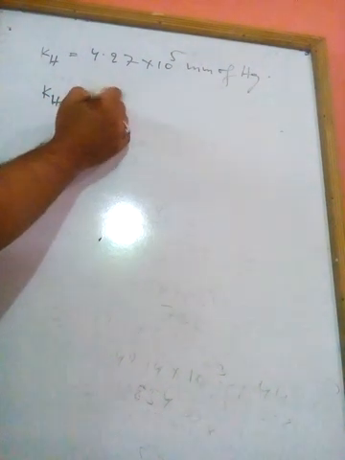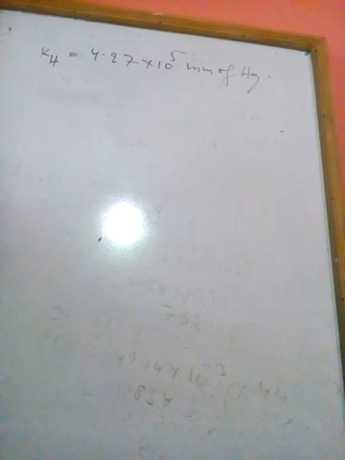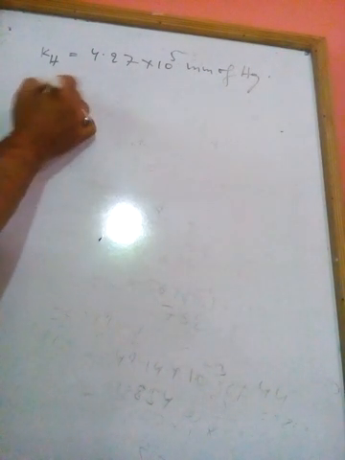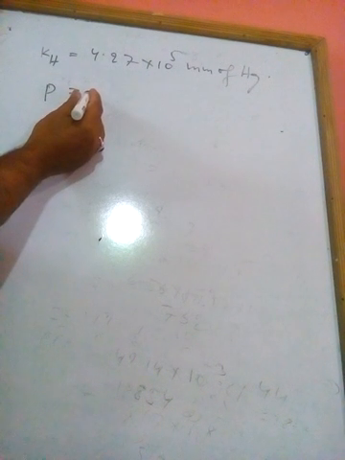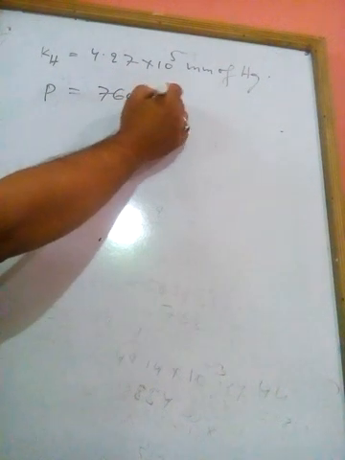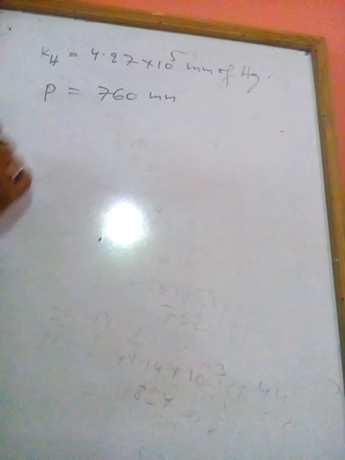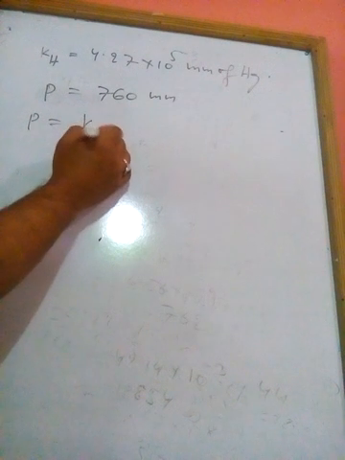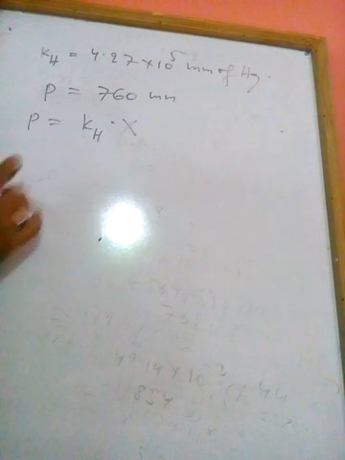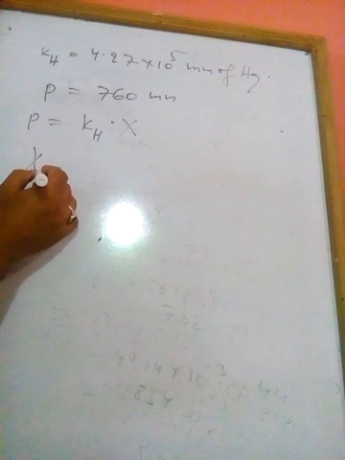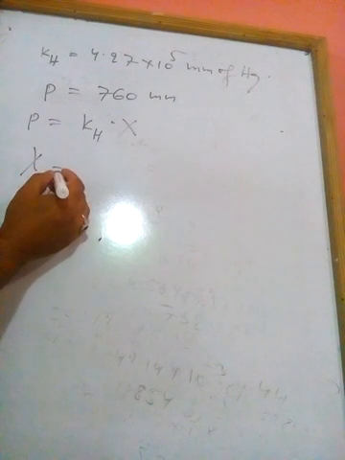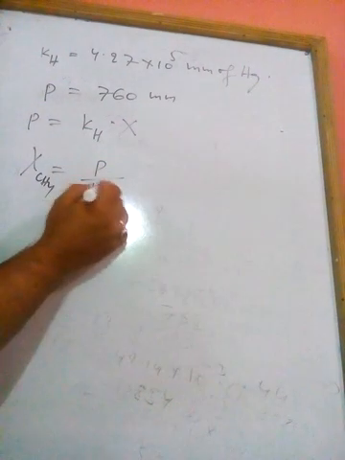KH is already given, 4.27 into 10 to the power 5 mm of Hg, and the pressure at 298 Kelvin is 760 mm of Hg. It is already given. So P is equal to, as we know, KH into X, and therefore the mole fraction of methane in benzene would be P by KH.